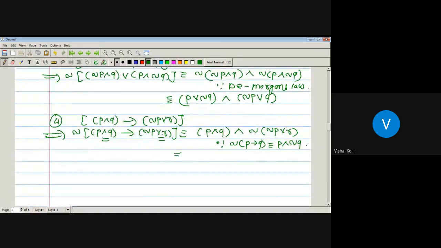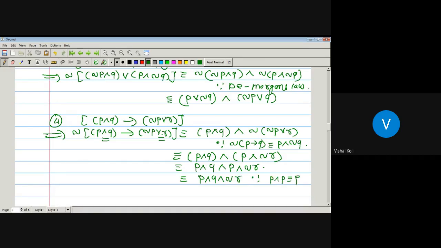So it is nothing but P and Q as it is, and negation of negation of P, which is P, and here the or becomes and, with negation of R. So actually it is nothing but P and Q and P and negation of R. But we know that P and P is nothing but P itself, which is from the idempotent law. So here we get P and Q and negation of R, since P and P equals P. In this way we can find out the negations of the given compound statements.